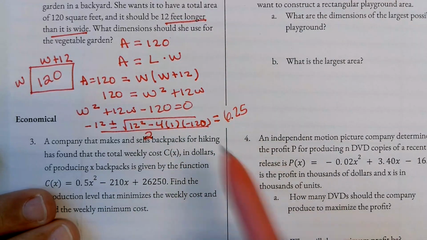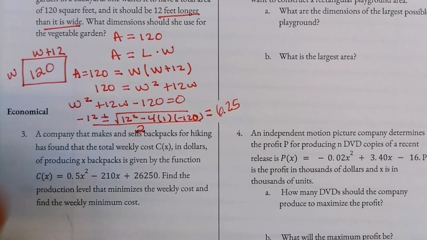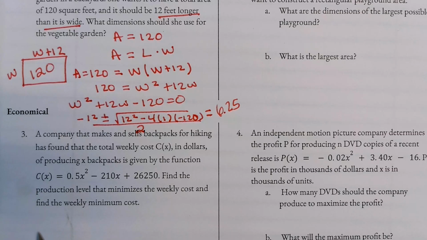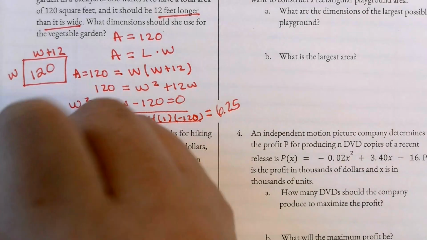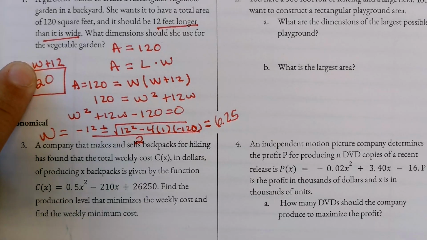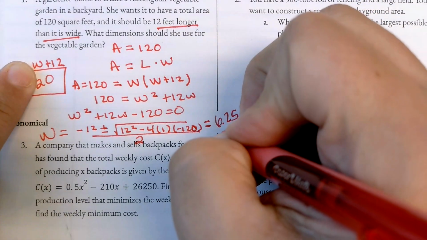You just plug that into your scientific calculator. You can use Desmos Scientific, and it'll give you the answer here. Just make sure that if this 12 was negative, then you'd put it in parentheses before you squared it. Okay, so we know the width is 6.25. So now the only thing I have to do is add 12 to it.